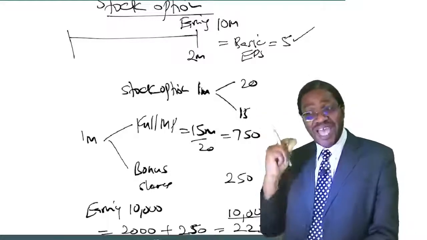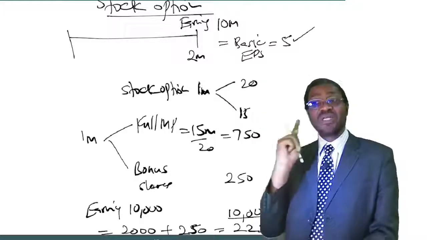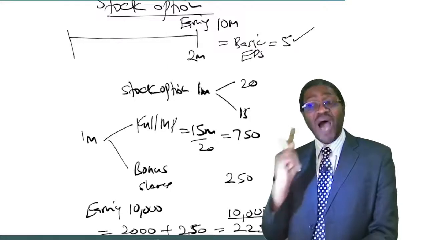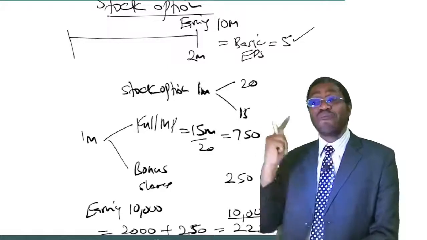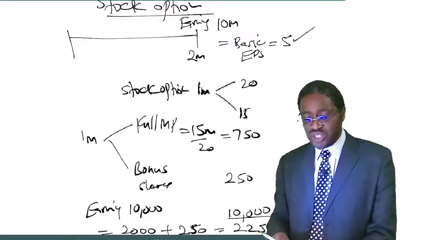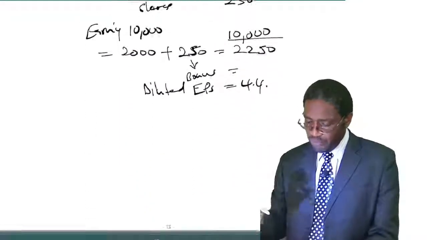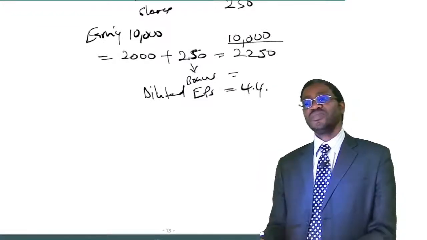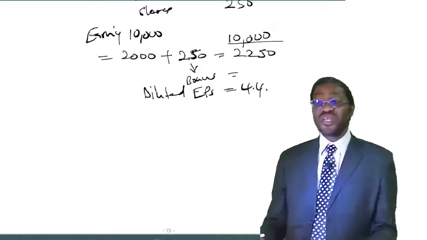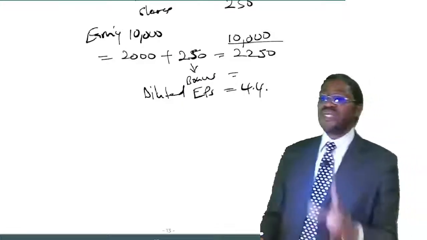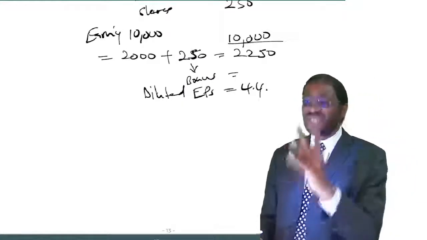If the employees had exercised their right and bought the shares, then your earnings per share this year would not have been 5. Your earnings per share this year would have been 4.4.